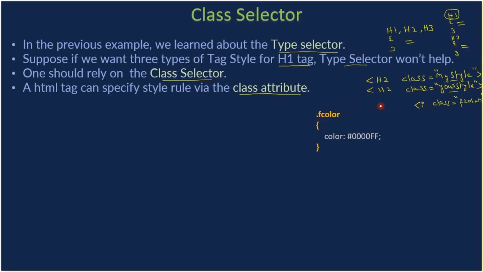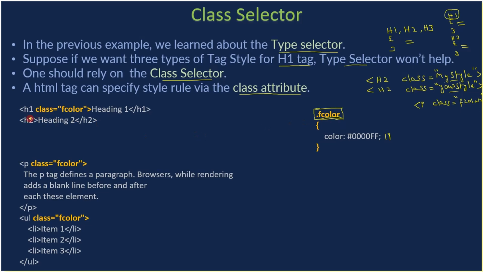So the selector is here: the dot notation specifies the class, and fcolor specifies the class name. And here we are applying some color rule for this specific style.